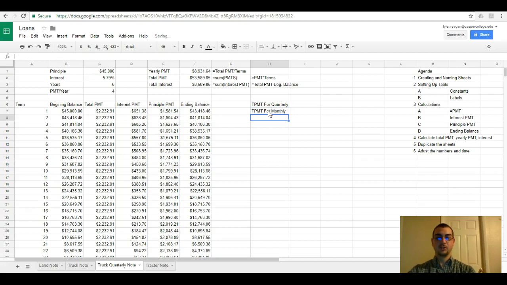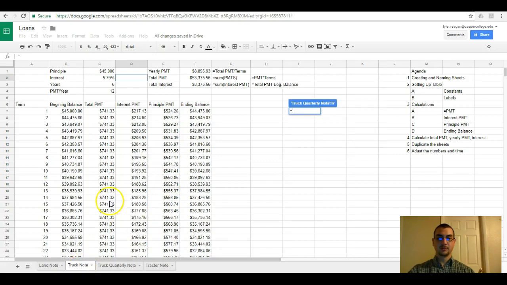So we looked at two different vehicle notes. One was being paid quarterly, one's being paid monthly. So the total payment for the quarterly is equal to this value right there. So the total payment for the monthly, that's going to be equal to this total payment right here under this monthly aspect.